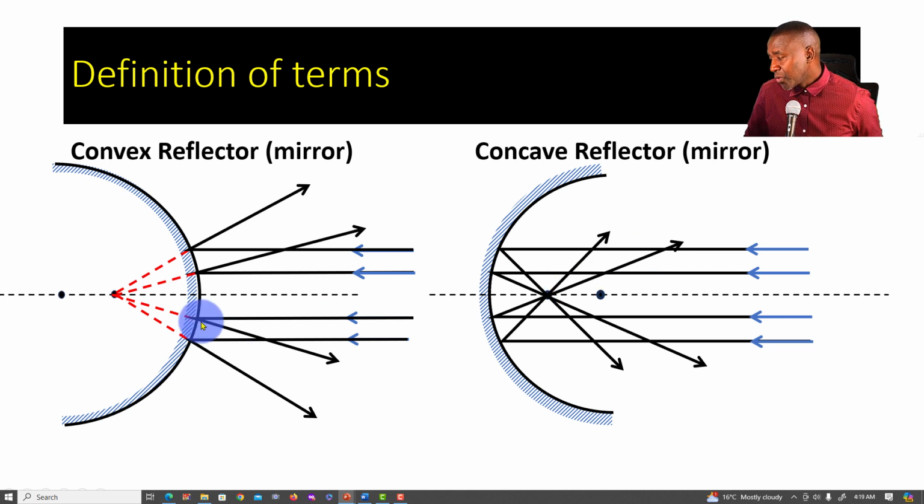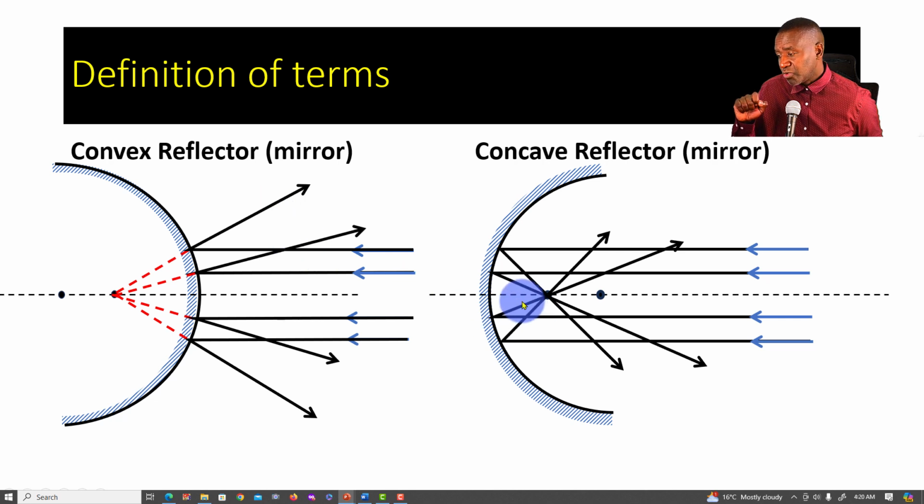But the principal focus of a convex mirror is a virtual principal focus because reflected rays do not actually pass through it. This is the incident ray and this is the reflected ray. The rays only appear to diverge from that point, but they don't actually pass through it.